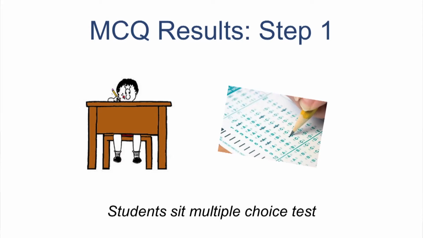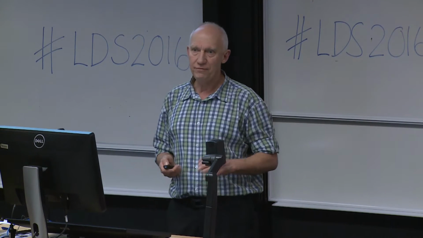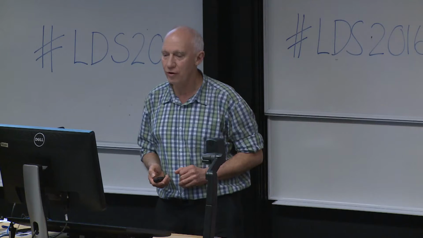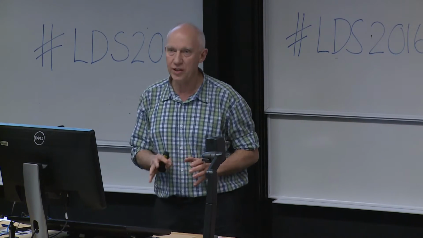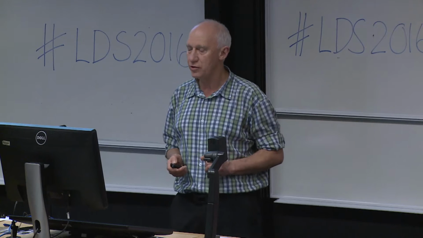So the first step is you design your test, and students sit that test, and they will sit it using a feedback system which is either Scantron sheets or Teleform sheets that you've designed the test with. And both of those are used throughout the university.